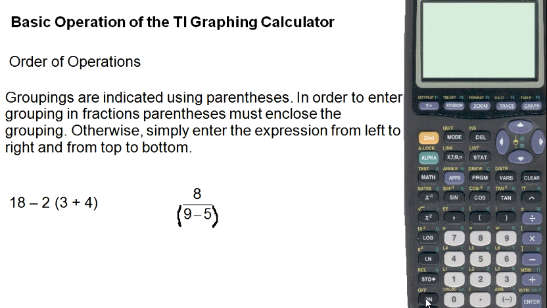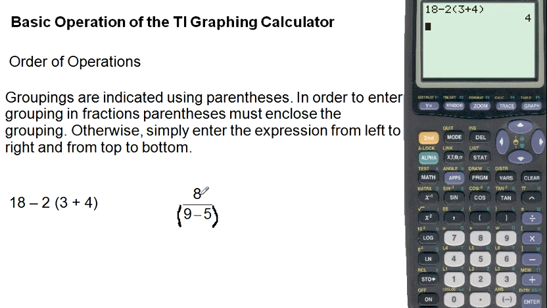And to enter that, we would start by entering the 8, because it's only the denominator that requires a parentheses there, because there's an operation going on in the denominator, but the numerator only has a single number in it. And this holds true even if you have x's and y's in your numerator or denominator.